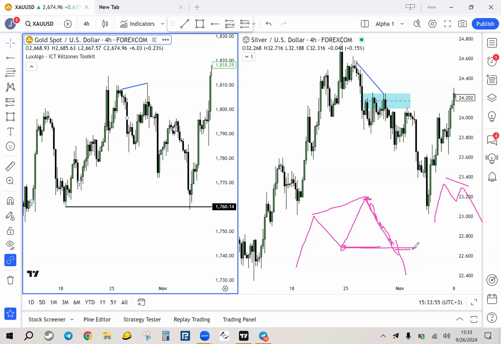Okay, and then usually price is just going to rebalance that fair value gap, only kiss that level, and then continue to go down. Okay, so if the fair value gap doesn't form very close to the top, to the second high of your SMT, that's still fine. It can also form later. Okay, it's still valid.